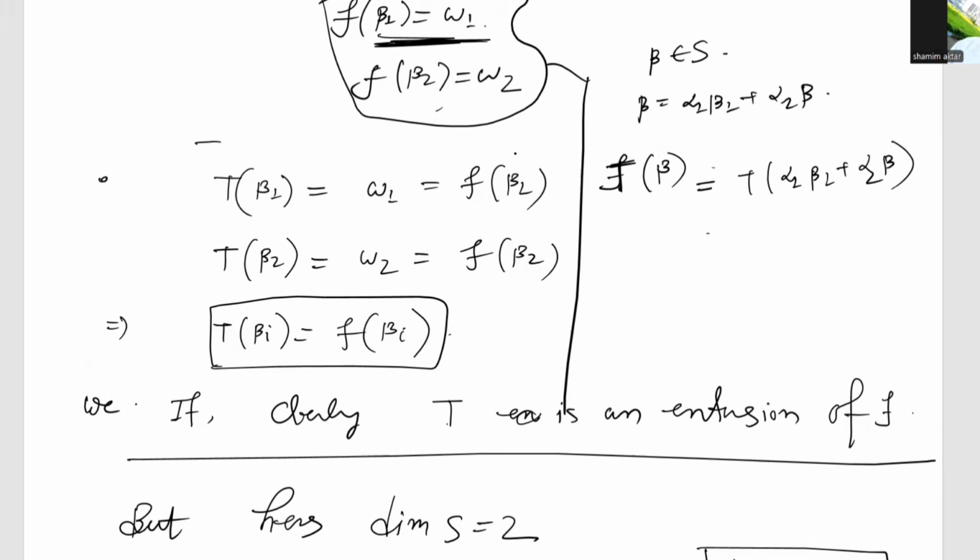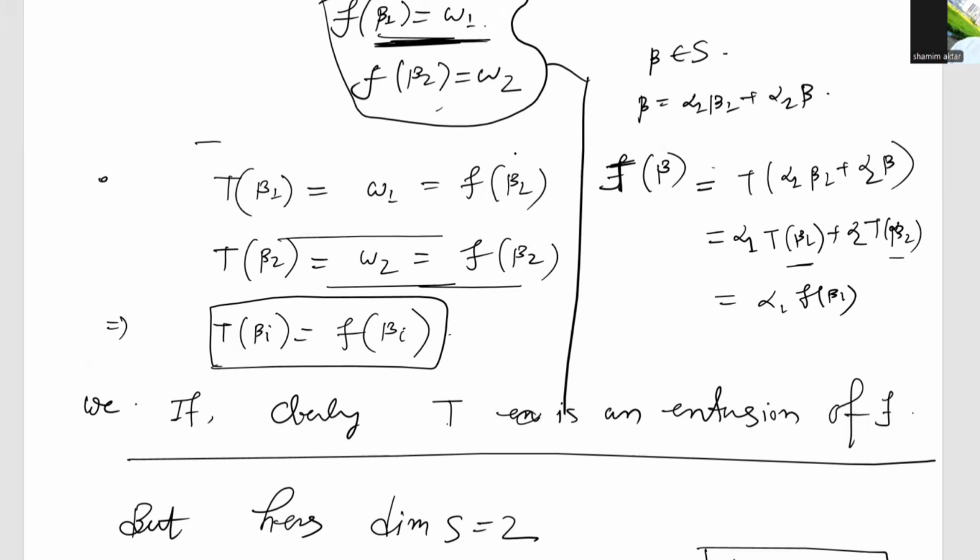Using the linear property, we have alpha 1 T of beta 1 plus alpha 2 T of beta 2, which equals alpha 1 f of beta 1 plus alpha 2 f of beta 2.